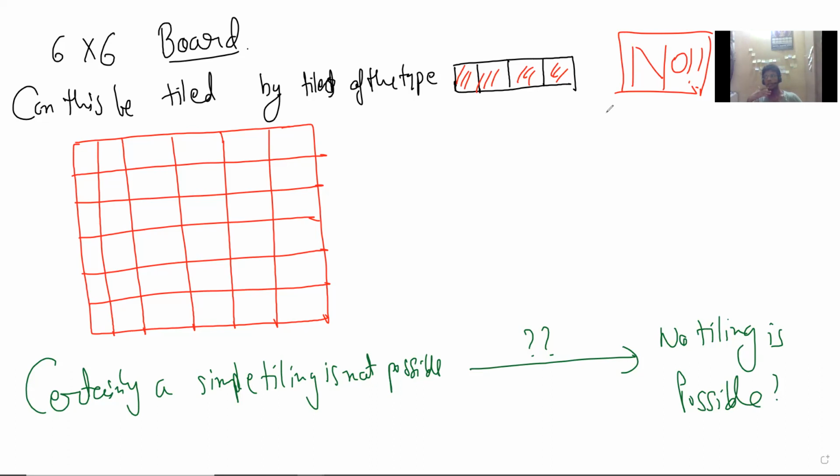But what I feel is that if some complicated tiling is possible, some complicated this and then this and then this, then because there are the symmetries of these squares, you can rotate and reflect. By these symmetries, and some shifts, we can simplify the tiling into a simple tiling. I feel that because of the symmetries of the square, if there is a complicated tiling, then there will be a simple tiling.